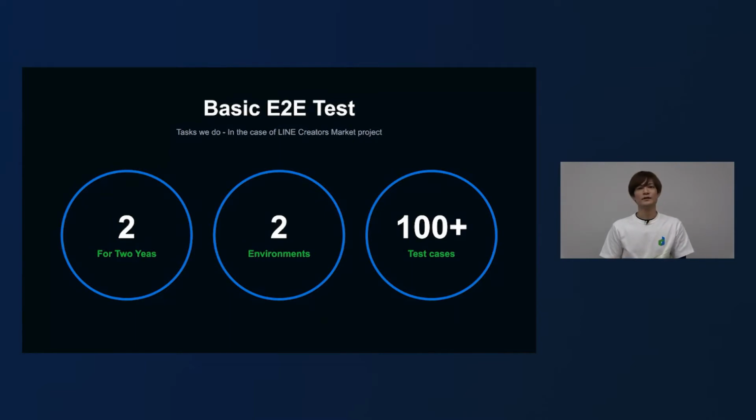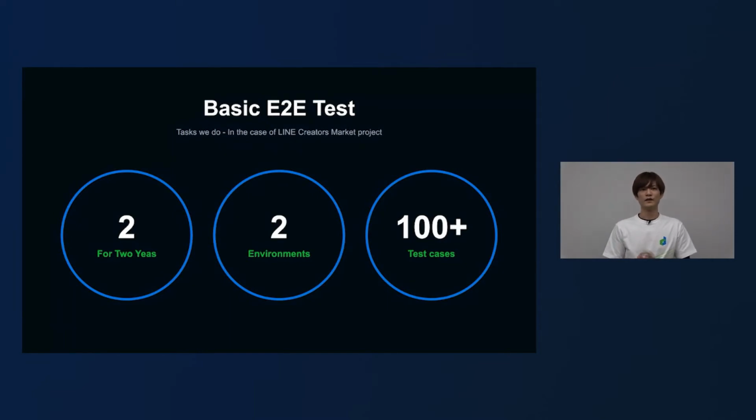And next, since our team member participated in the project, what have we done? My team member joined the LINE Creators Market about 2 years ago, and QA and testing are done in the staging and also the production environment where users actually interact, in the automated test domains.